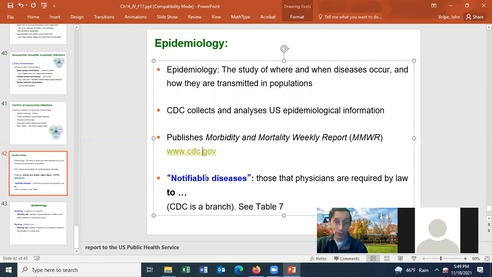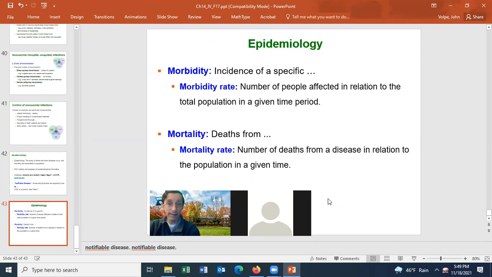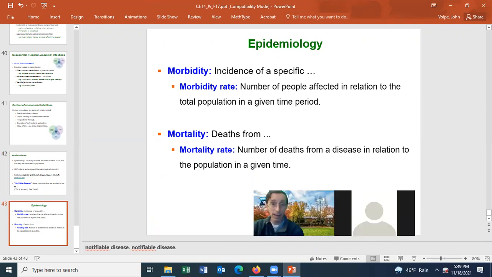And then the state forwards it to the Center for Disease Control. Morbidity is the incidence of a specific disease, and we're talking about notifiable disease. The morbidity rate is the number of people affected in relation to the total population in a given time period.